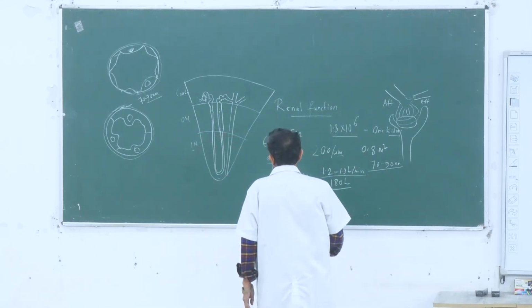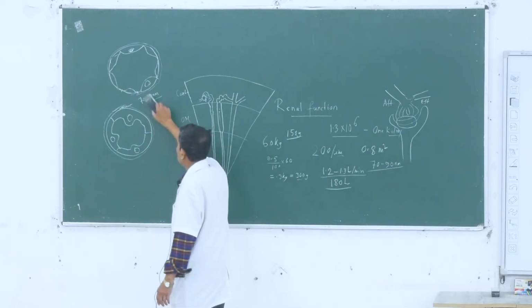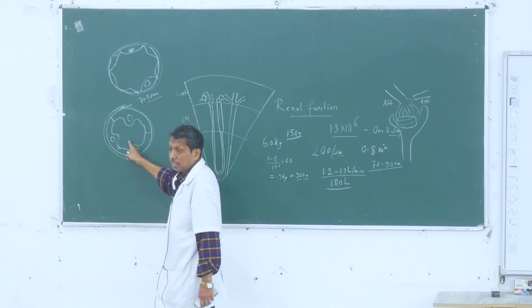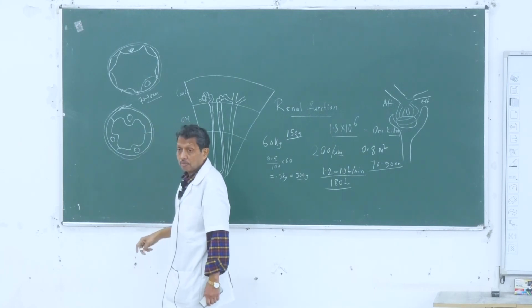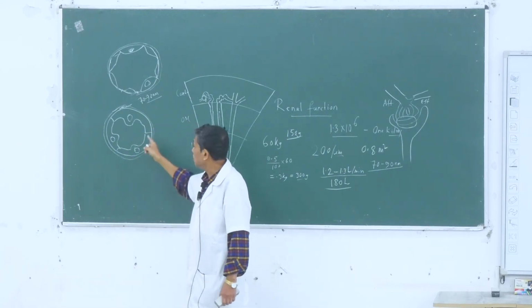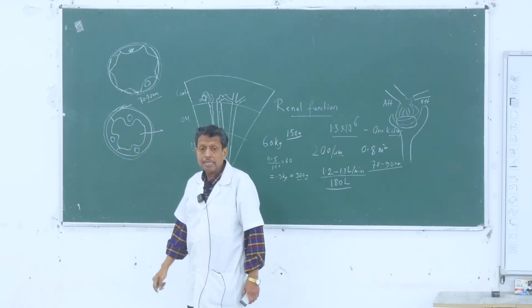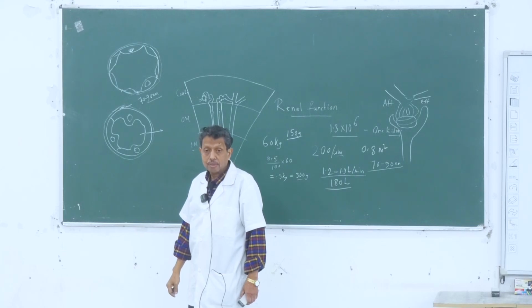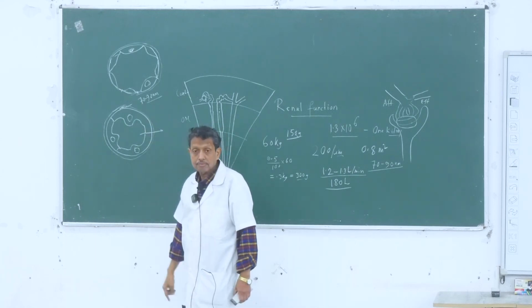In the textbook you will find figures like this. So you have understood, in non-fenestrated capillaries there is no significant attenuation. Small molecules can traverse through this membrane. In any capillary of the muscle or skin, small molecules like sodium ion and potassium ion can come out, but the permeability is much less than this.